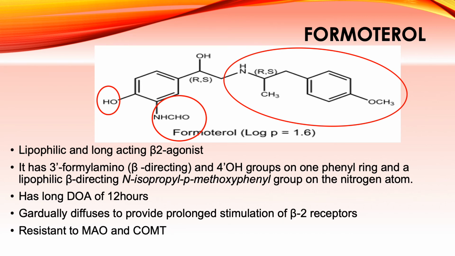These structures work together and allow formoterol to have a duration of action of 12 hours. It gradually diffuses to provide prolonged stimulation of our beta 2 receptors. Due to its structure, it also has very good resistance against monoamine oxidase and COMT.